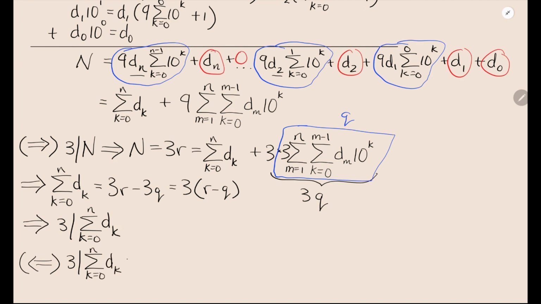So what does this mean? It means that the sum of the digits is a multiple of 3, so I'll call it 3 times some other integer t.